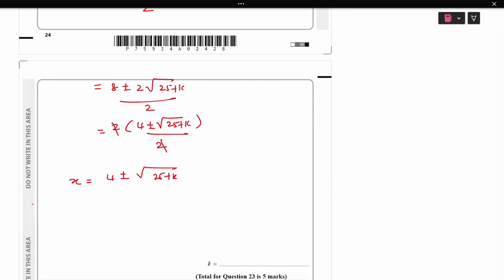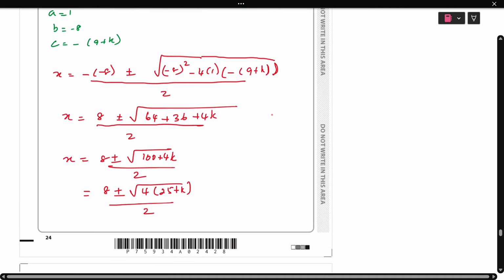So now I'll separate my two values. One is x equal to 4 plus square root of 25 plus k, and another value is x equal to 4 minus square root of 25 plus k. So now we'll go back to our question.